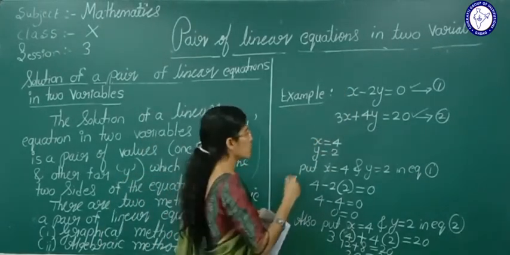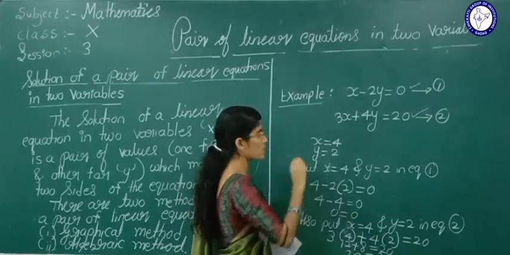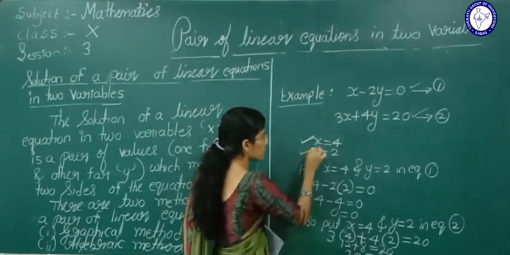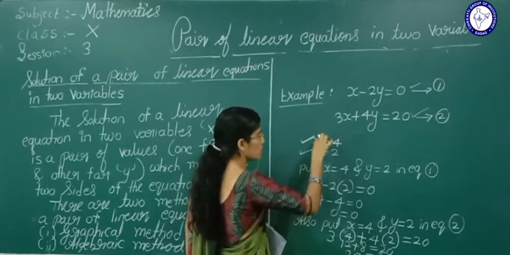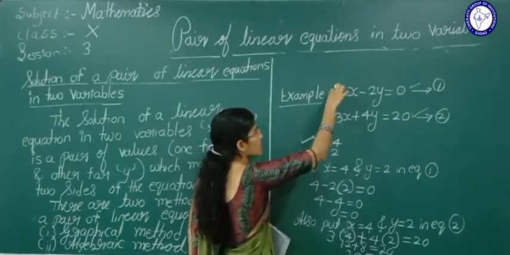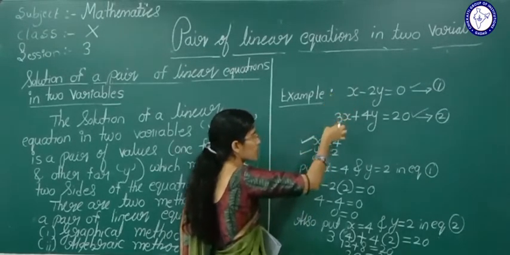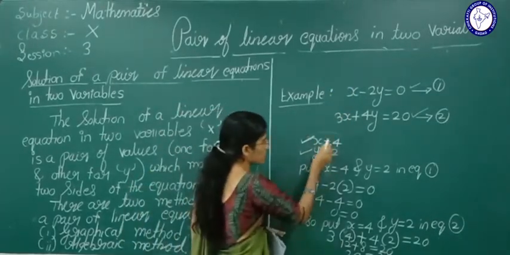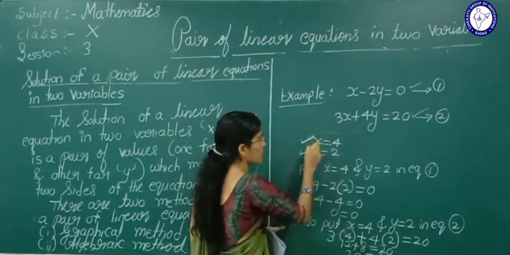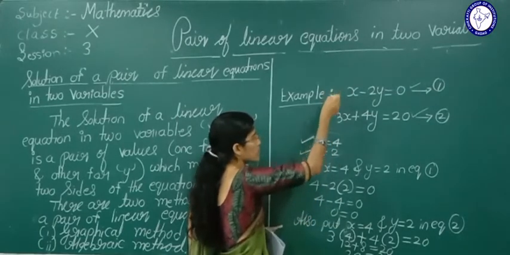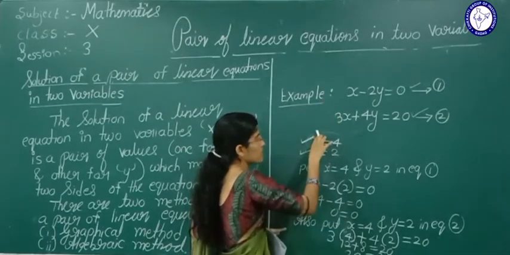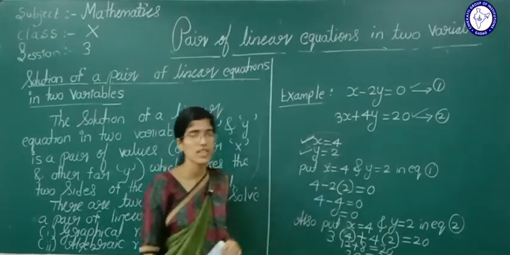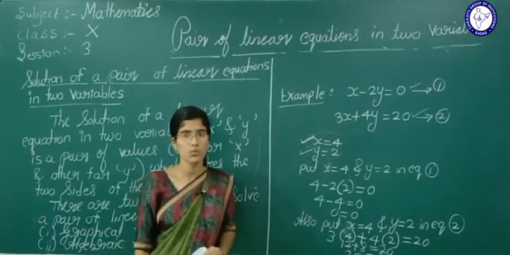You have to find the solution in such a way that the values you are taking should be satisfied by equation 1 and equation 2. If equation 1 and equation 2 are satisfied, then x and y are called the solution of equations 1 and 2.